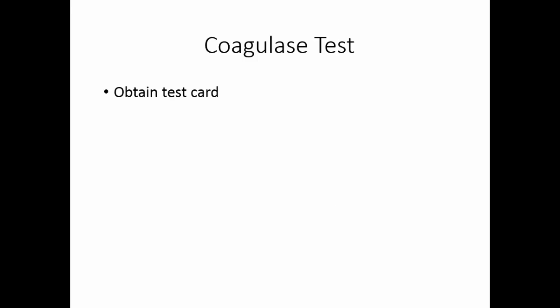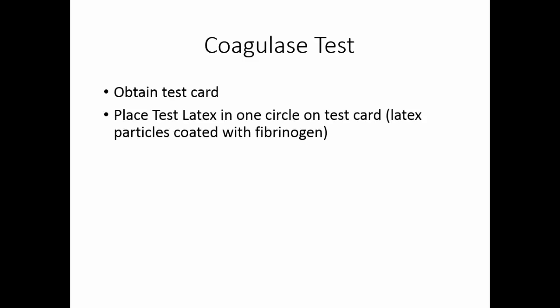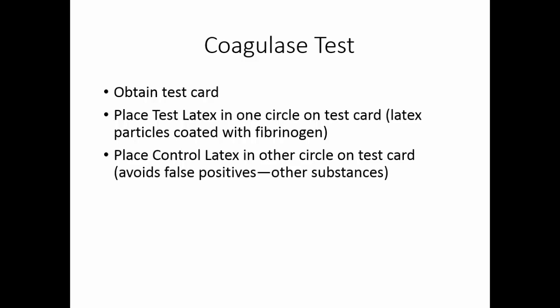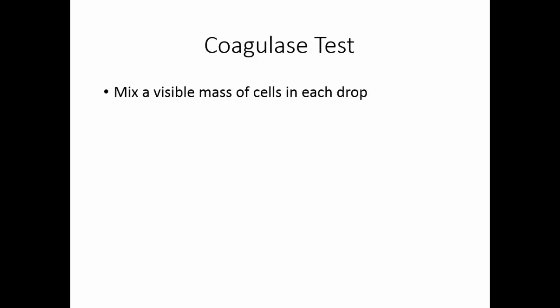You obtain a test card and place test latex in one circle on the card. This is the latex particles that are coated with fibrinogen, and you place control latex in the other circle on the test card. This is to make sure that agglutination is truly the result of coagulase and not some other activity. You mix a visible mass of cells in each drop.